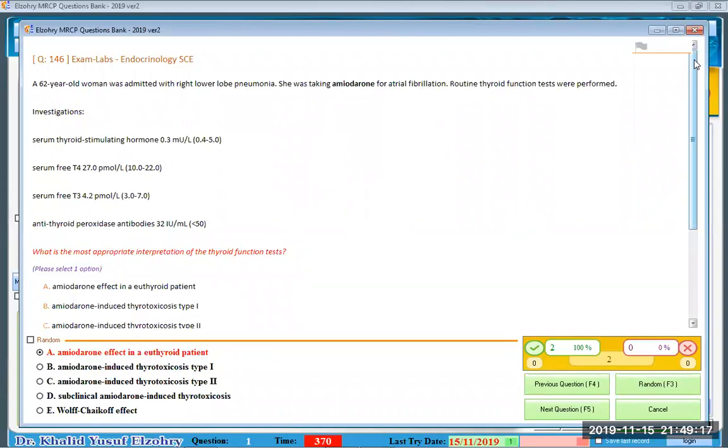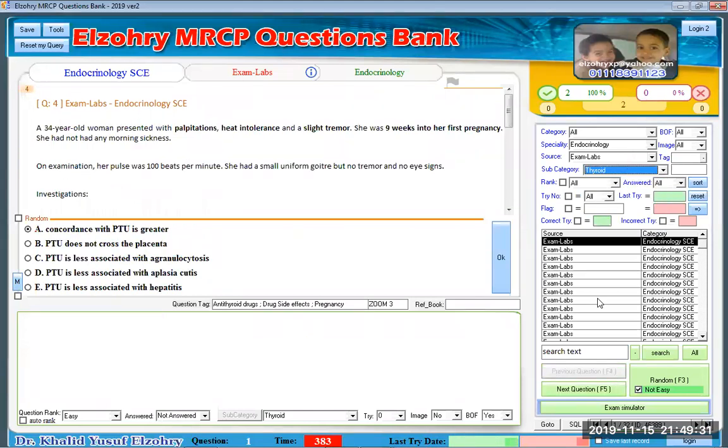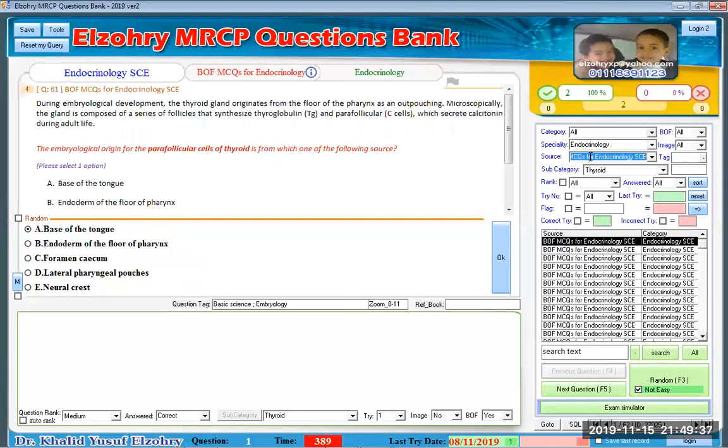So inshallah, in the next presentation we will solve all the thyroid questions from the exam lab and the textbook. In the exam lab, I think there are just 32 thyroid questions, and from the textbook, Best of Five, I think 62, so about 100.